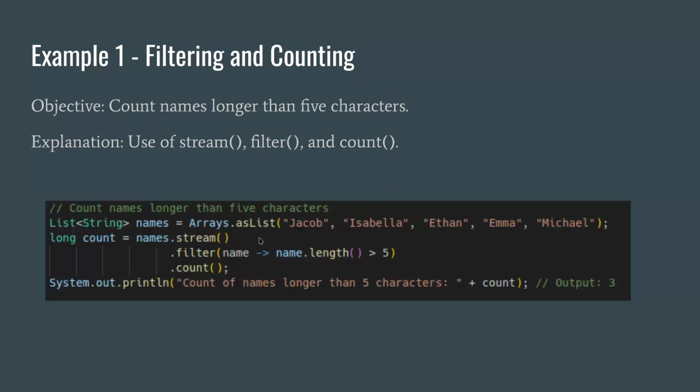We call the stream method on the list and then apply filter with a lambda expression to check the length. If the length is longer than 5, it will return true. Then finally call count to count the result. Then this will return 3. You can see that this code using Stream API and lambda expression is not only concise, but also very readable.